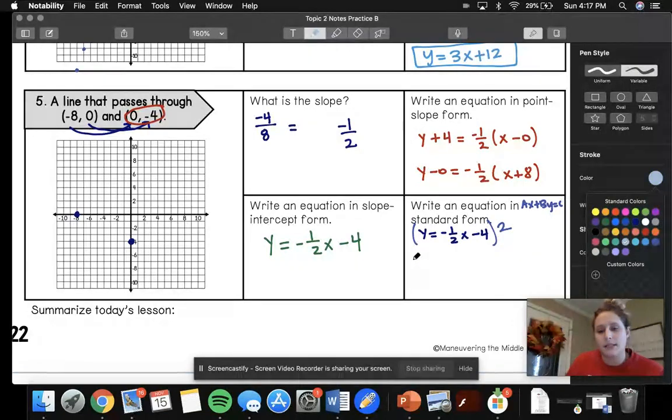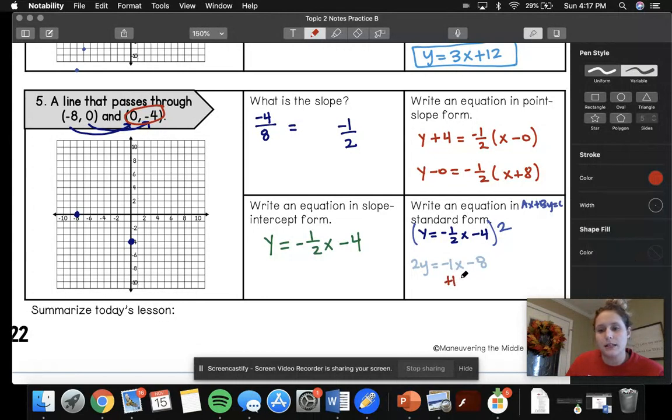So y times 2 is 2y, -1/2 x times 2 would be -1x, and then -4 times 2 is -8. Now I'm going to move this -1x over, and I have 1x plus 2y equaling -8. Okay, this is in standard form because these are all integers, and my a value is a positive value.